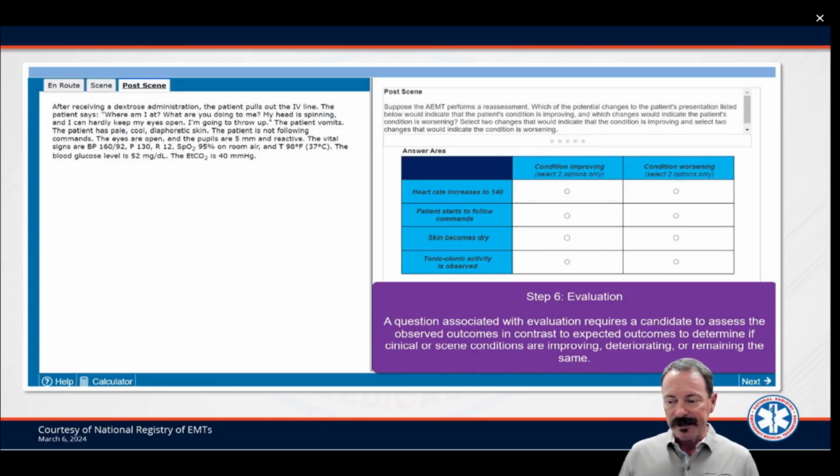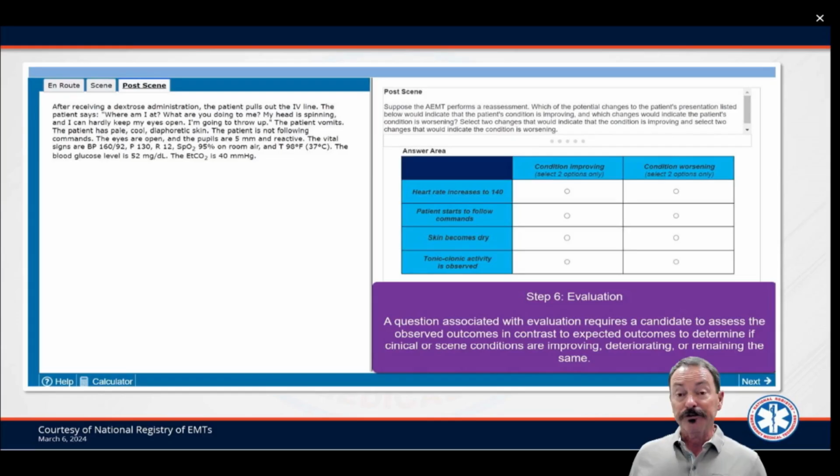So the answer area, it says that the heart rate increased to 140 beats a minute. So would that be that the condition is improving, which is the first one, or would it mean that it is deteriorating, the condition is worsening? Well, that would mean that the condition is worsening.